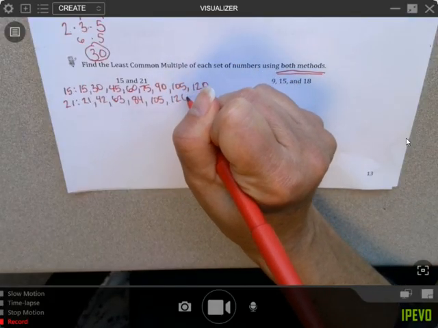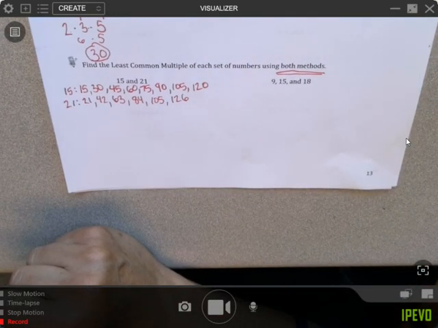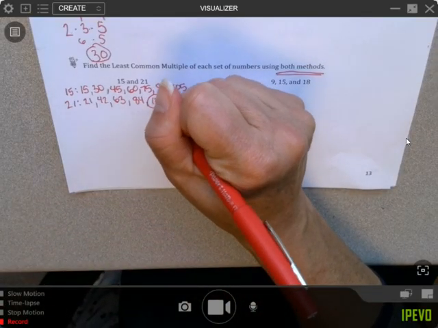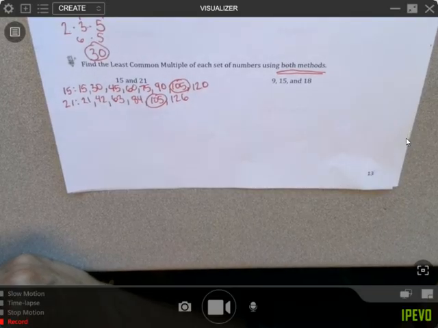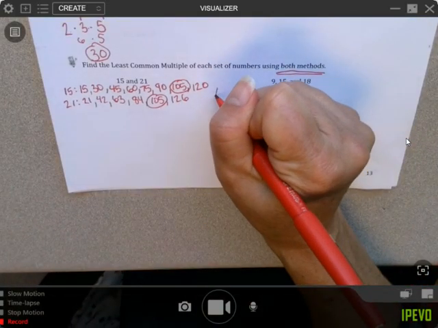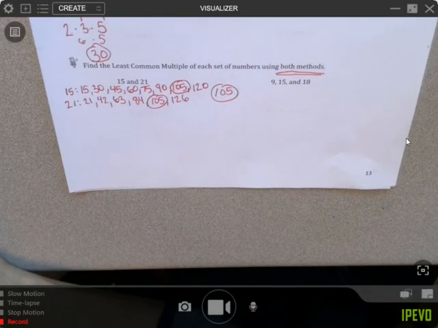It's 126. Do we share any in common? Addie? 105. Do I share anything smaller than 105? No, so I know my least common multiple using the listing method is 105.